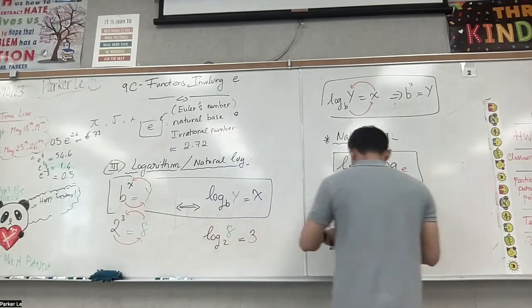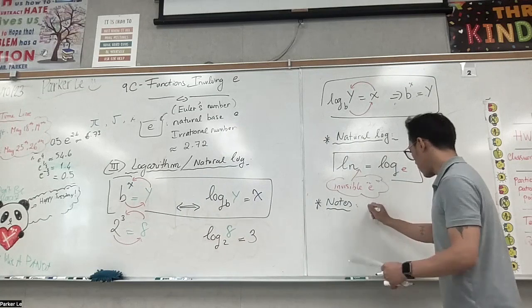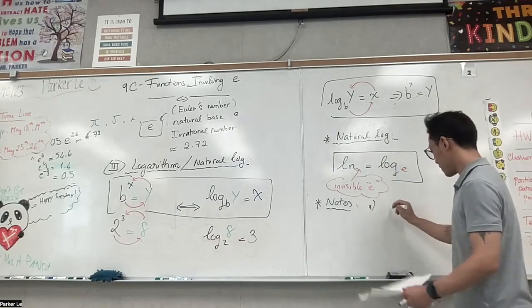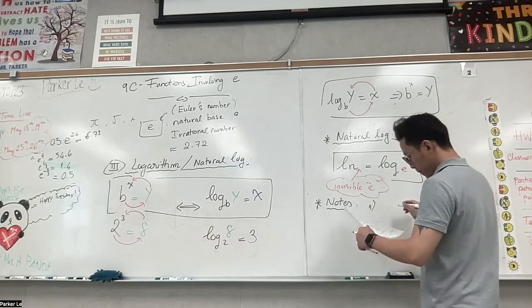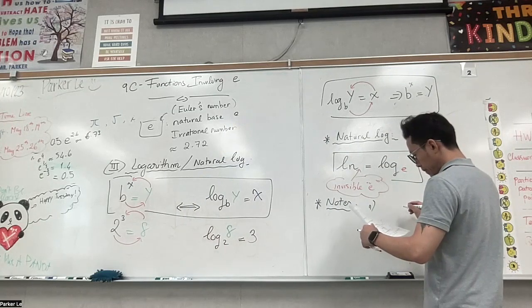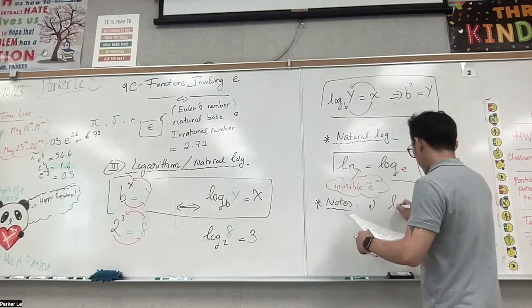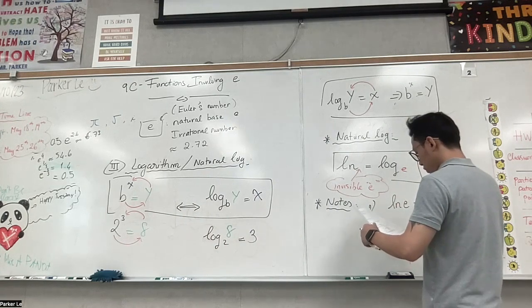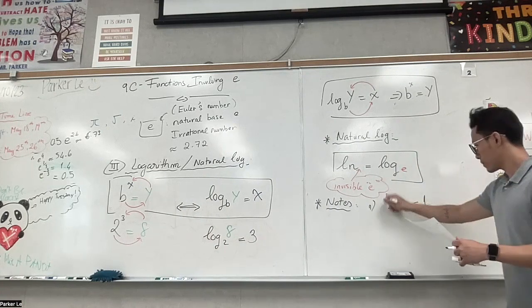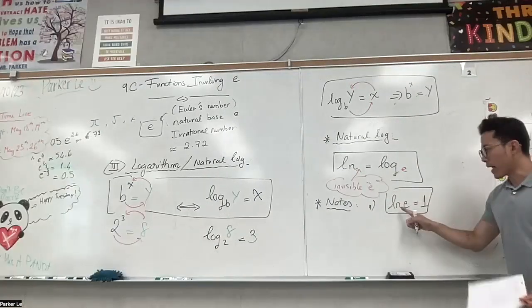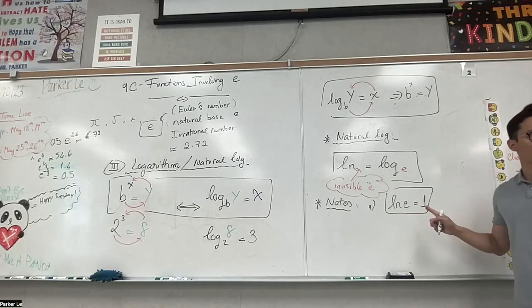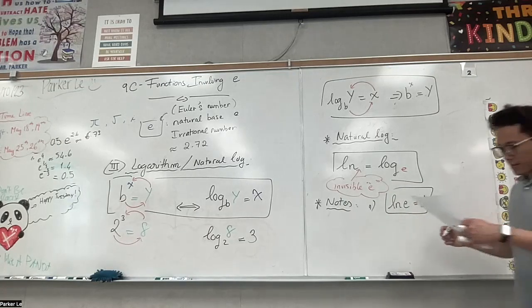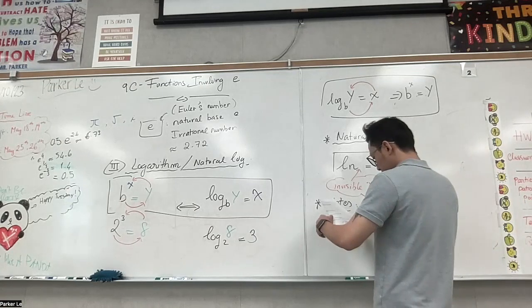So first note is ln of e equal to 1. When you have ln and you have e, they always cancel out and equal to 1.